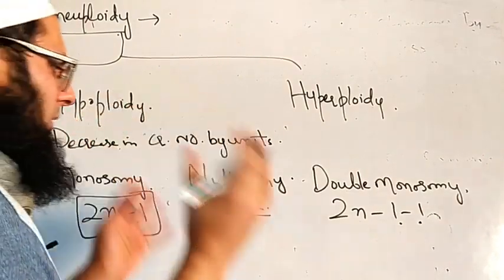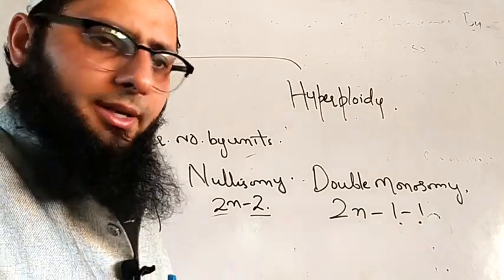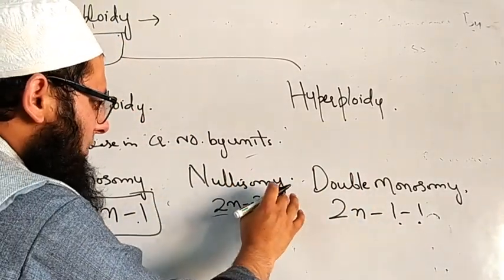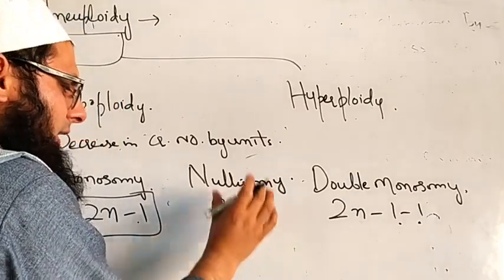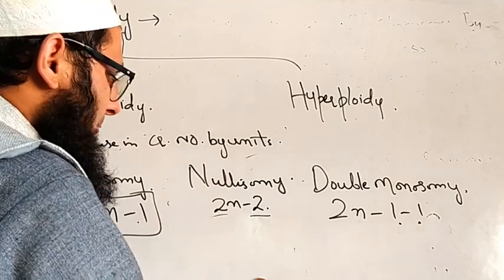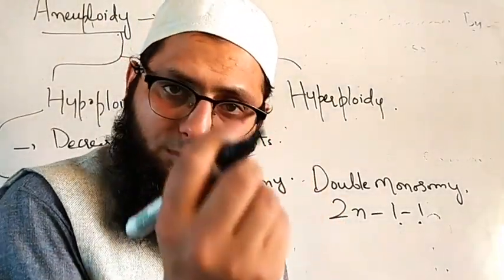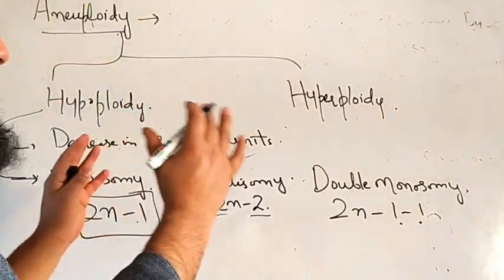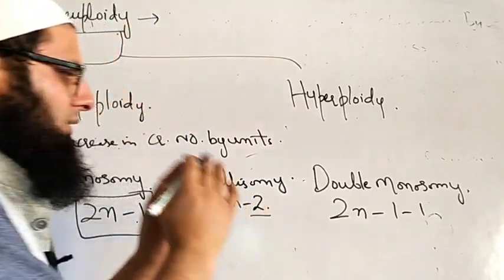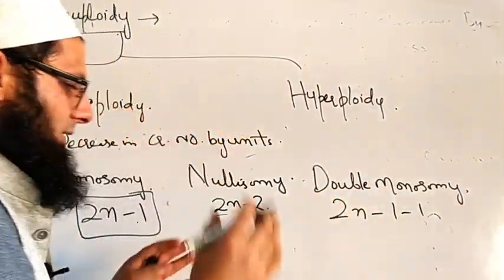So why is there different terminology, why are there different conditions when we are losing two chromosomes in both cases? I will tell you the difference. In nullisomy we are losing two chromosomes, but these two chromosomes are a pair of homologous chromosomes. We are losing the complete homologous pair. However, in double monosomy, we are not losing one homologous pair, but two chromosomes from two different non-homologous pairs.